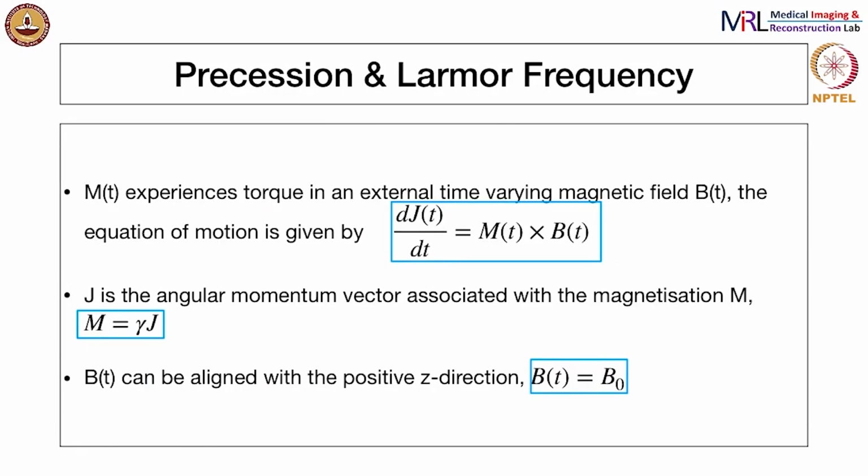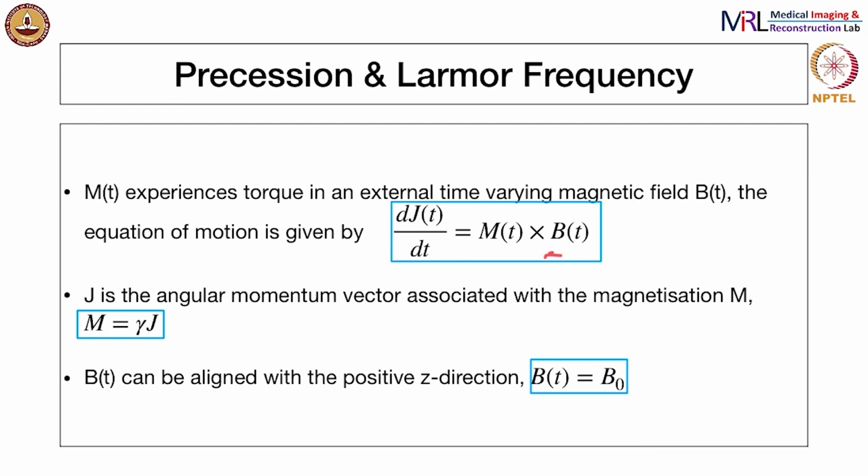All right. So what happens when you apply a static magnetic field? We know that there is a spin angular momentum for individual nuclei, and there is also this bulk angular momentum J. A torque is induced, which depends on the static magnetic field.